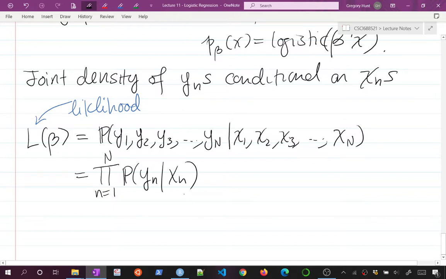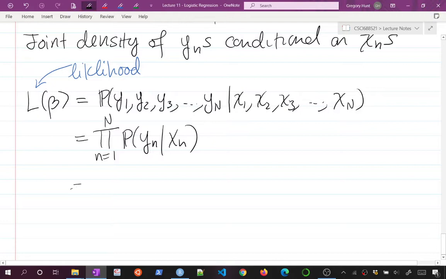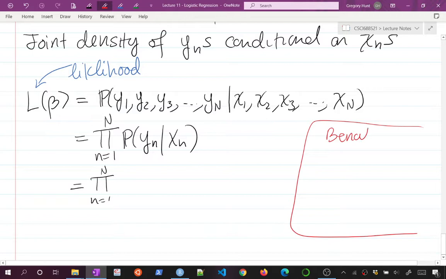Because all of them are independent, that's what independence gives us. And indeed, we can go a couple steps further. We know what this probability is. So our aside here is for Bernoulli. What's our PDF? Let's call it f of x.